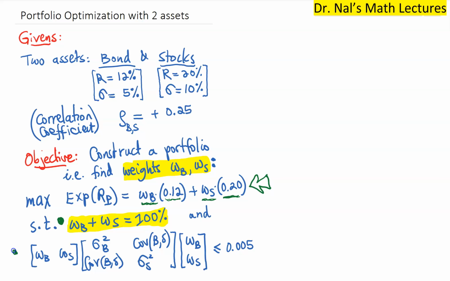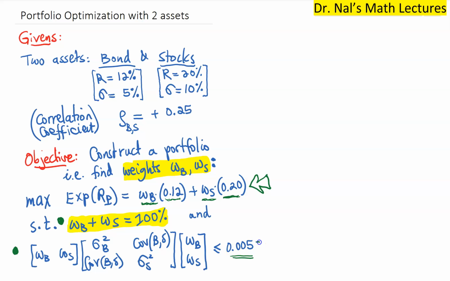And secondly, we're given this additional condition that the portfolio variance, that's what that product of those three matrices is, the expected variance of the portfolio, we want it to be less than or equal to 0.005. So this number is just given to us.